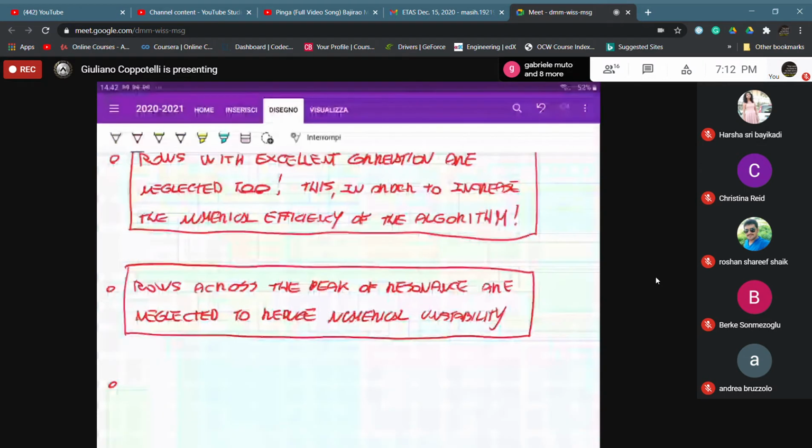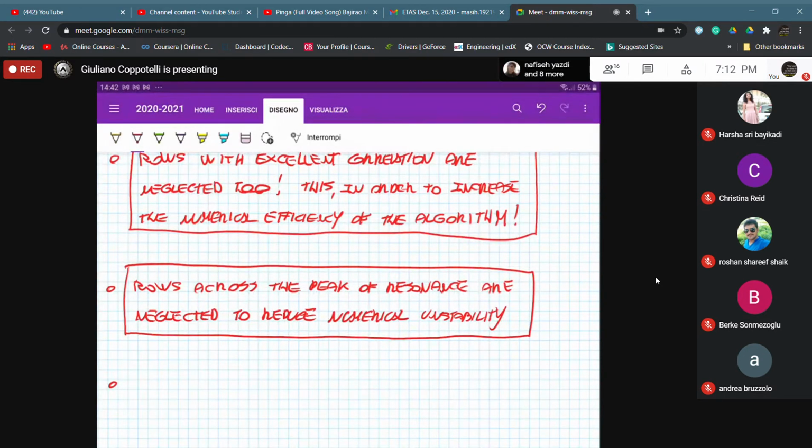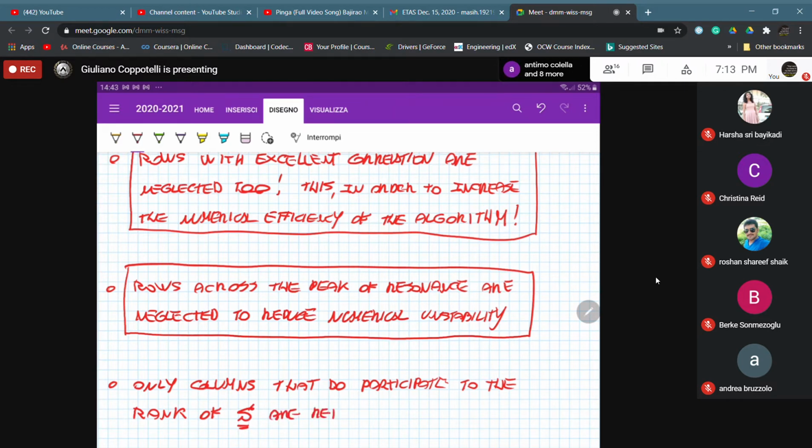Okay, so only columns that do participate to the rank of the sensitivity matrix S are retained in the analysis.